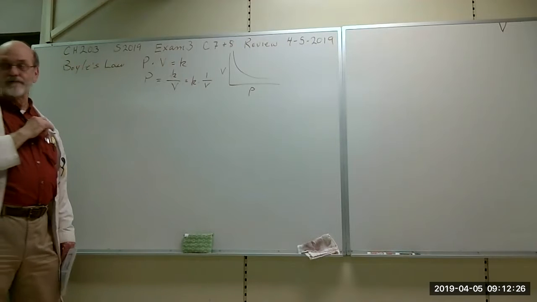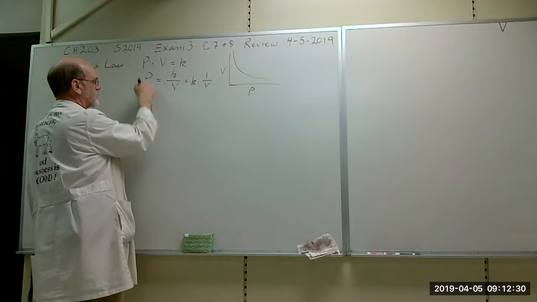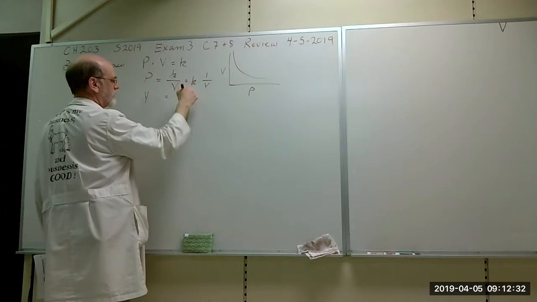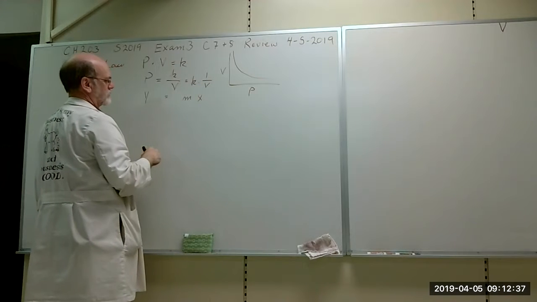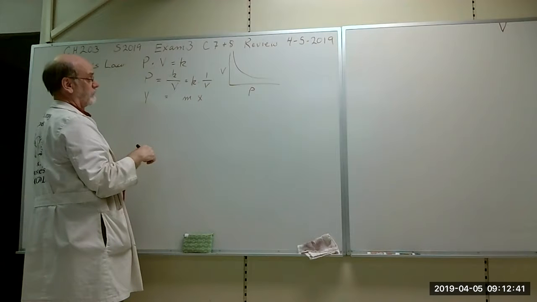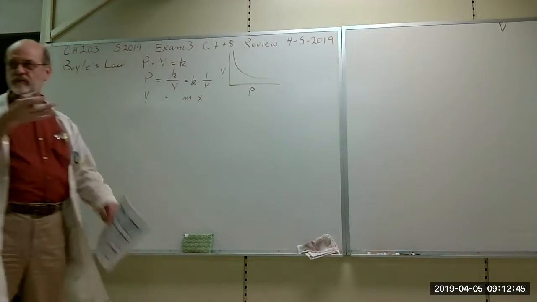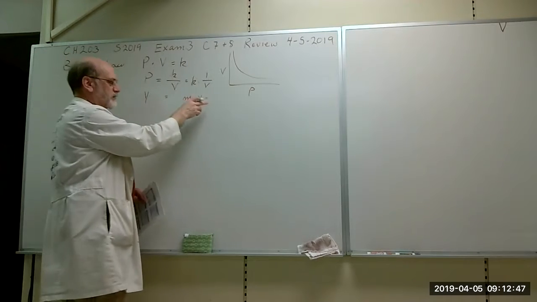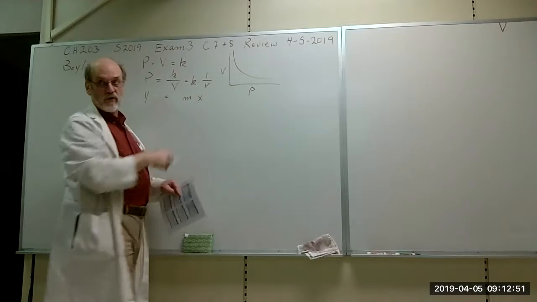So that is in the form of Y equals, that's the slope, and that's the X. Y equals mx plus b on the straight line. But the b in this case is 0, because the line will go through the origin.